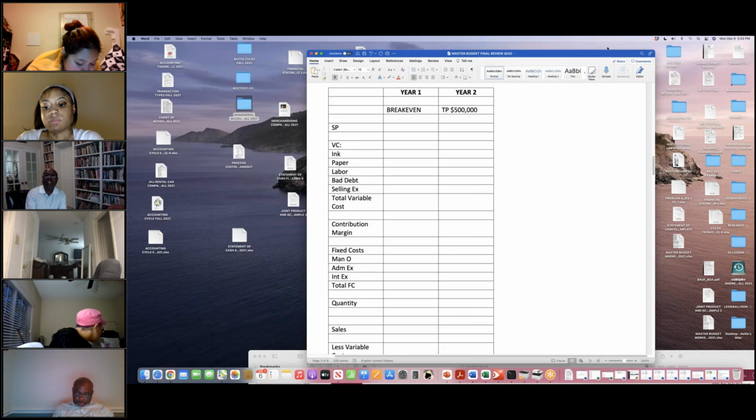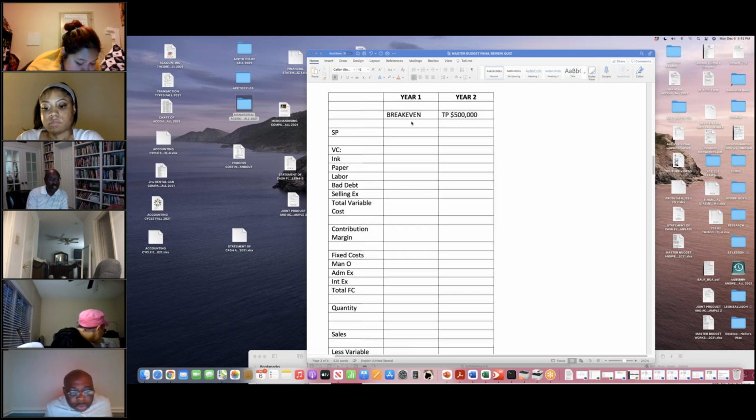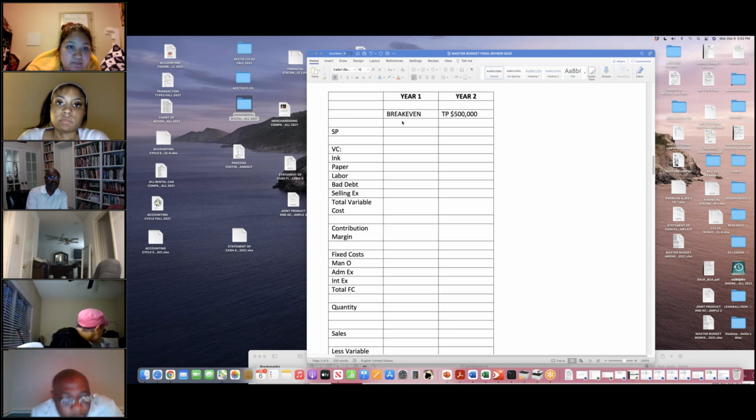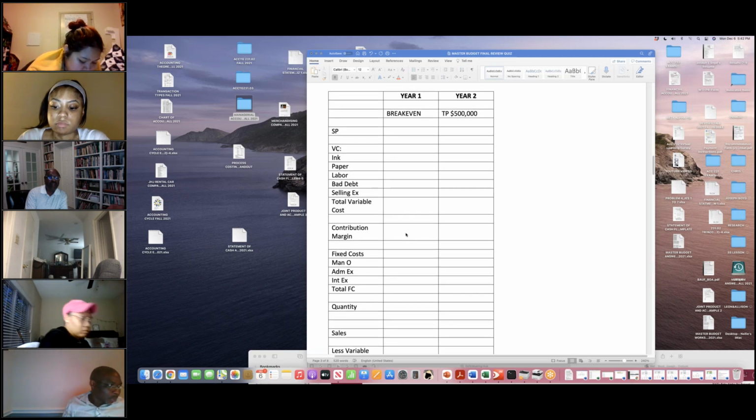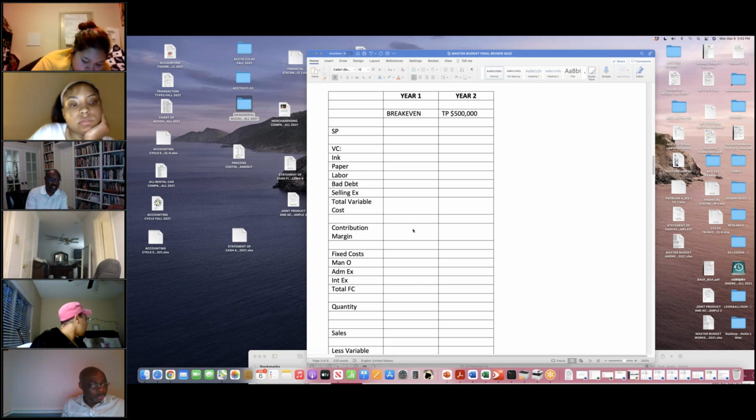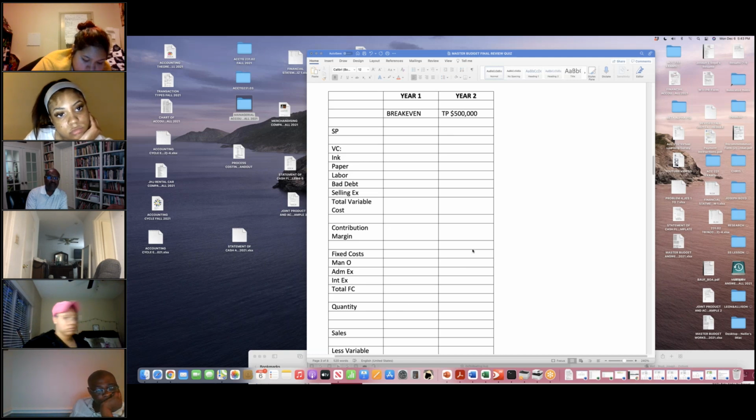Okay, so we're working with the break-even column. That's all we're doing. Break-even is defined as what? Selling price minus variable expenses to get the contribution margin. Then we go to our fixed costs, add them up to get a total fixed cost, and divide the contribution margin into the total fixed cost to get our quantity.